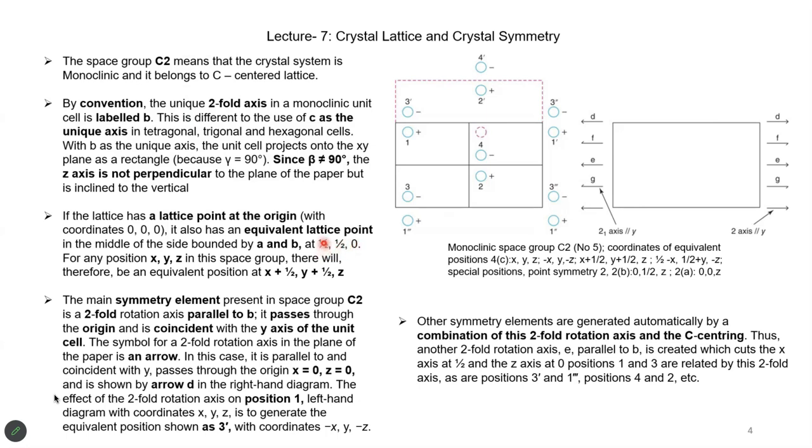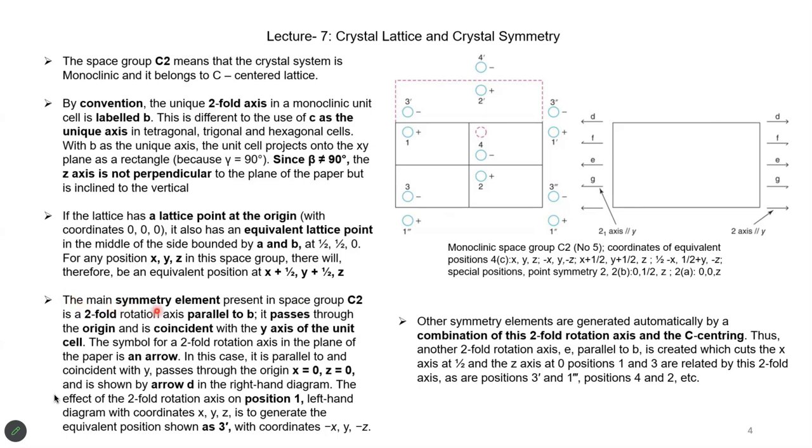That means the x value is half, the y value is half, the z value is 0. For any position x, y, z in this space group, there will therefore be an equivalent position x plus half, y plus half, and z. I hope it is understood what we are talking about.